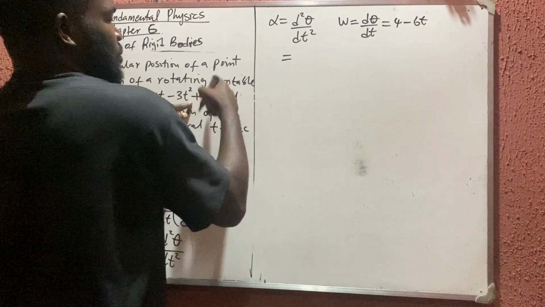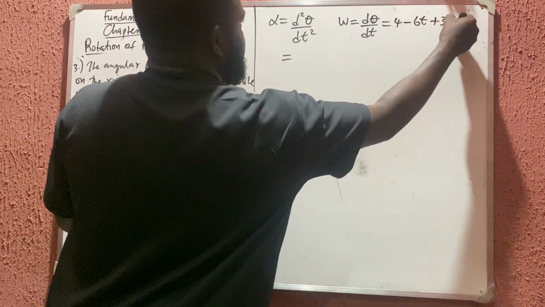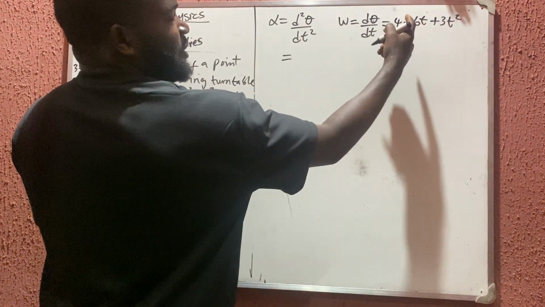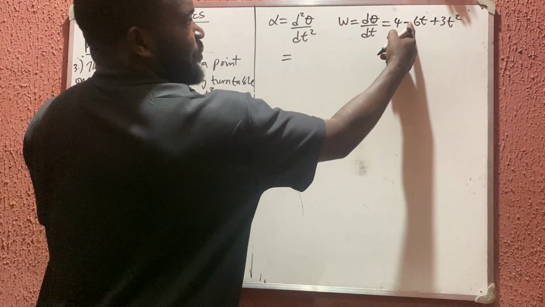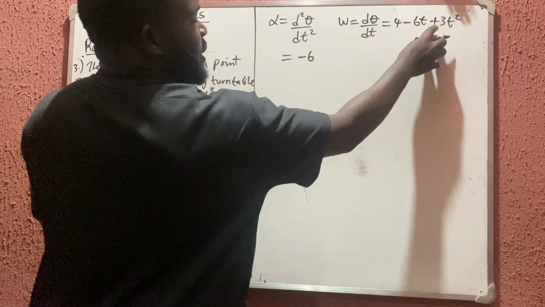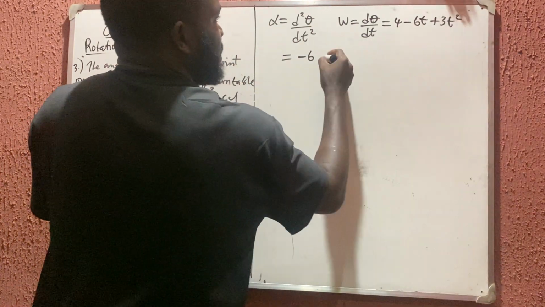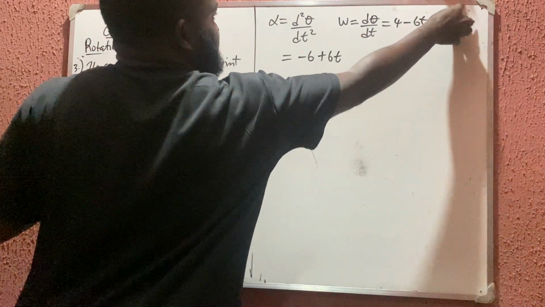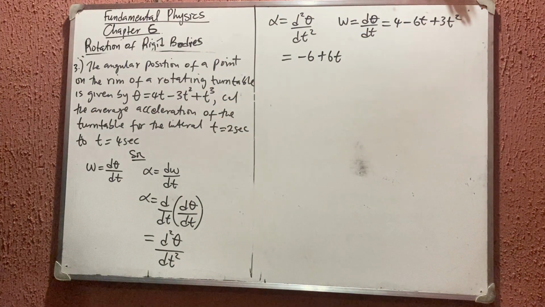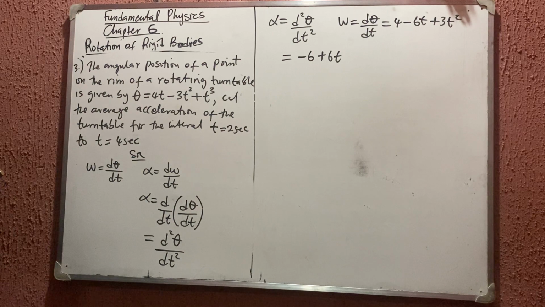Multiply by the power, remove 1 from the power, plus 3t squared. The second derivative means differentiate this again. Differentiation of a constant is 0. Differentiation of minus 6t gives minus 6. Differentiation of plus 3t squared gives plus 6t, because you multiply by the power and then remove 1 from the power.